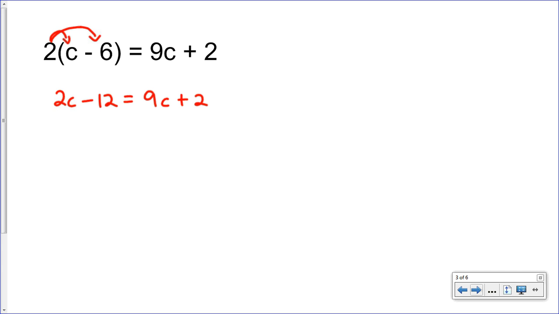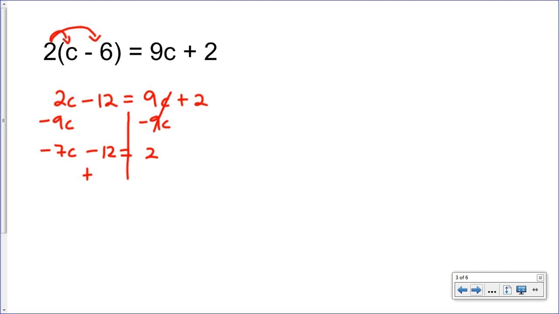Okay, again, I'm going to move my 9c to the left. So since it's on the opposite side, I do the opposite operation. It's positive, so I have to subtract. I'll line it up with its like term. So 2c minus 9c is negative 7c. Bring down your minus 12 and your positive 2.